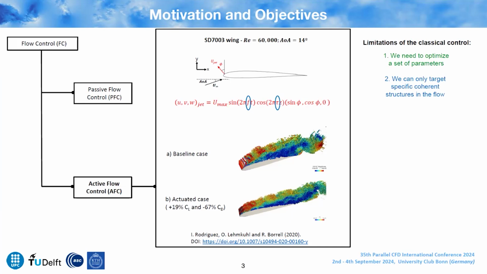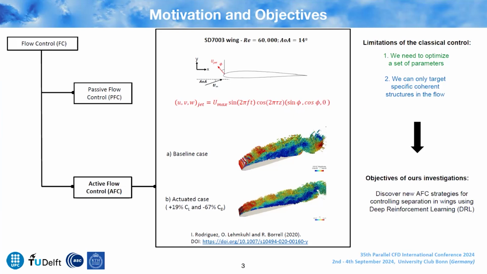So you are targeting only very specific coherent structures in the flow, which may mean that at the end you can achieve only a given maximum amount of drag reduction. And that's why we want to use deep reinforcement learning to discover much more complex active flow control laws that allow us to push the limits of drag reduction in wings.